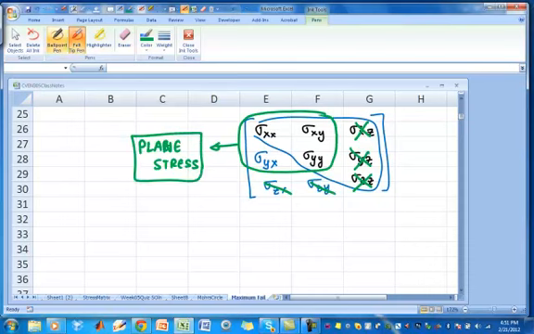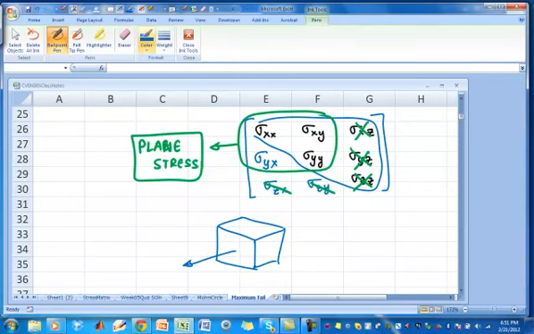What does plane stress look like? If I draw a cube, and then I start marking the points. So this is the x face, sigma xx is there, sigma xy is there, then sigma yy is there. Sorry, xy is not vertical, I'm sorry, so I got to draw this right.